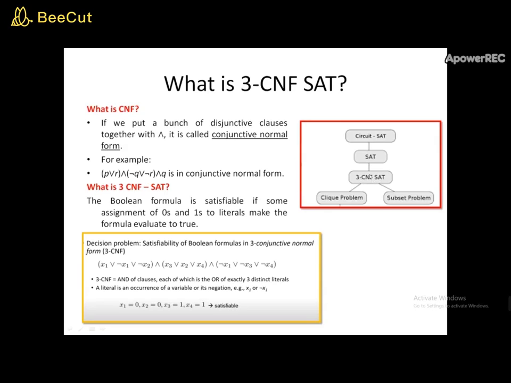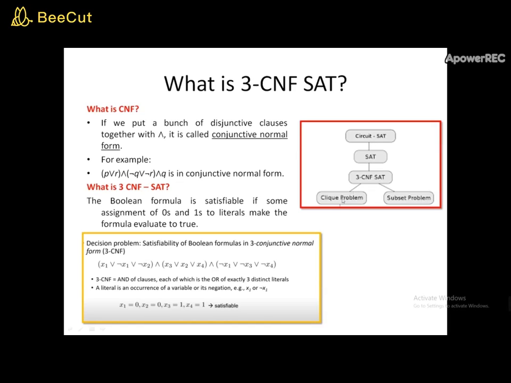Once we prove that this 3 CNF satisfiability problem is NP complete, we reduce that problem to a clique problem by saying that the clique size k is equal to 3 for a 3 CNF satisfiability problem.